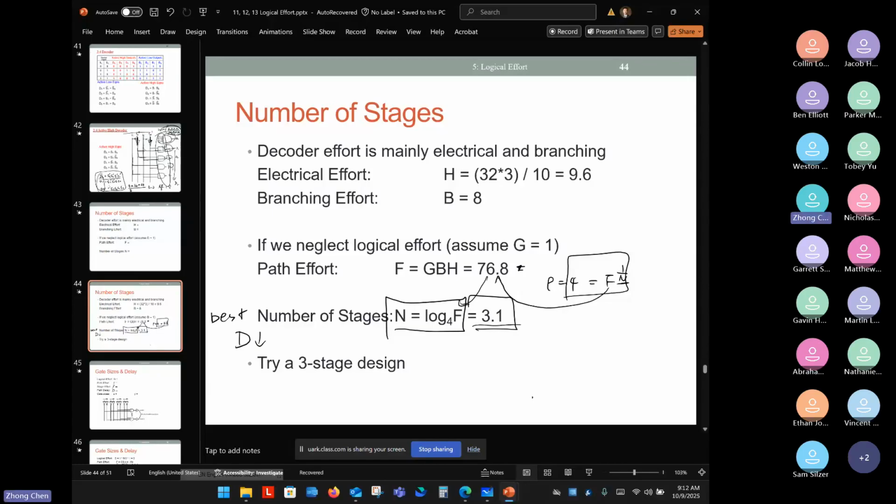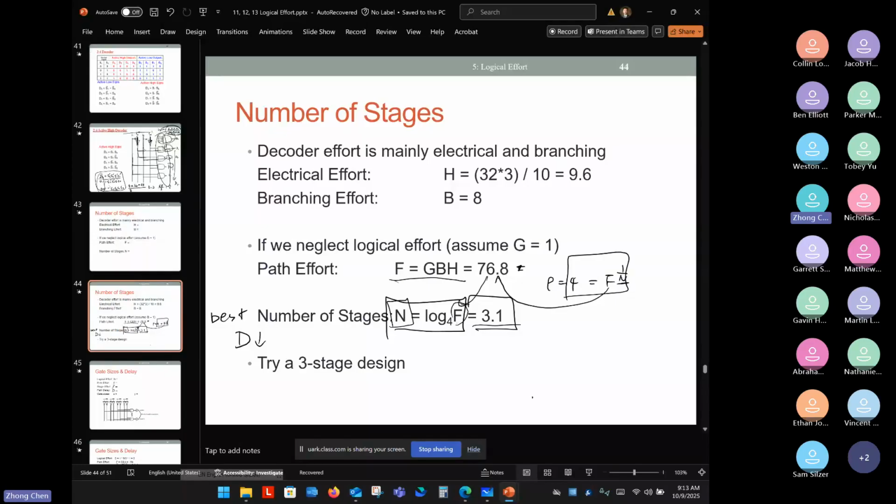This value very likely won't be an integer. It could be 3.1, could be 2.3, could be 4 point something, depending on the F value. In other words, this best number of stages is determined by the total path effort, not the parasitic delay.